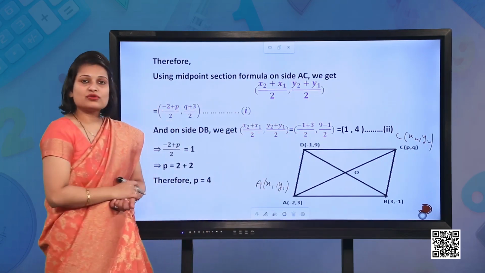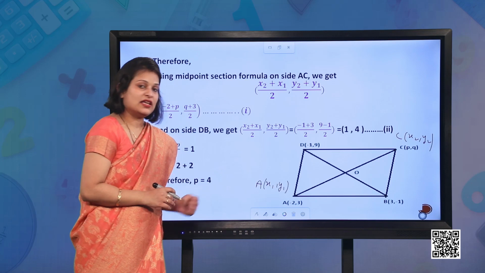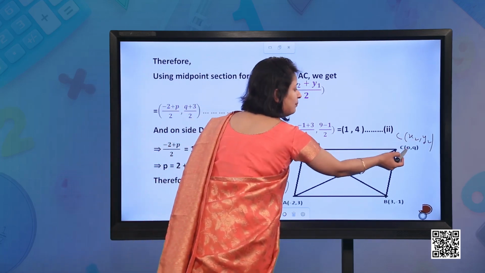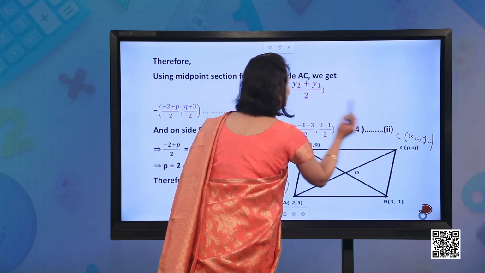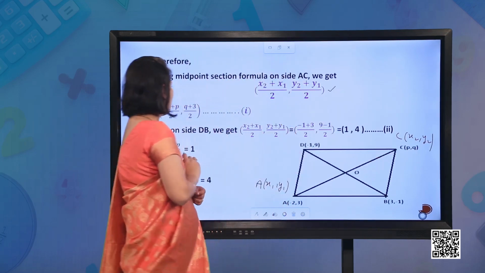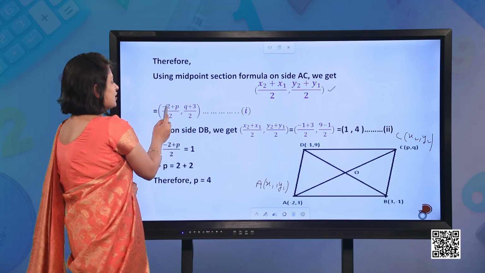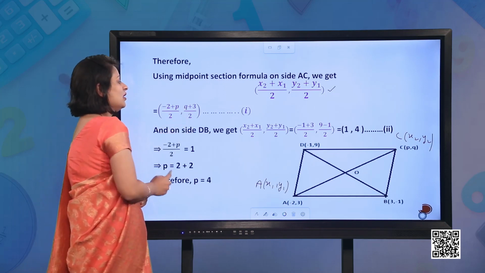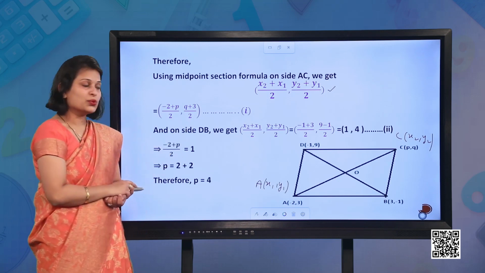Simply replace the values of x1 by -2, y1 by 3, x2 by p, and y2 by q in this formula. So what will you get? (-2 plus p) divided by 2, (q plus 3) divided by 2.